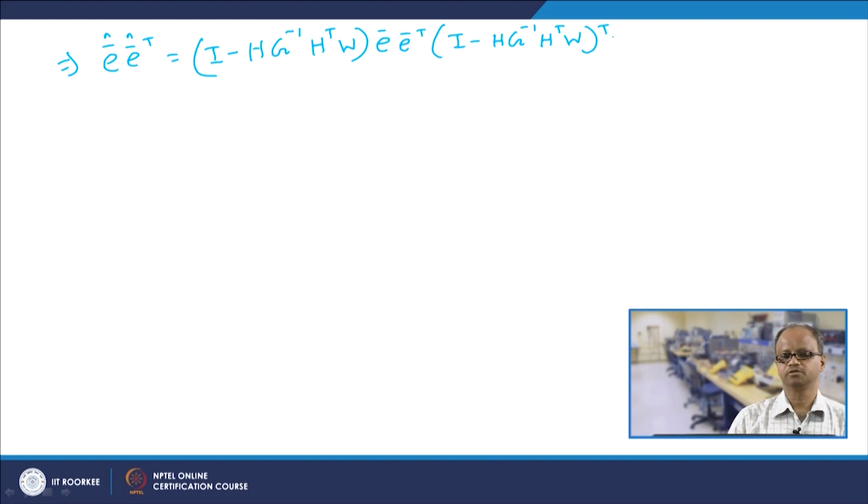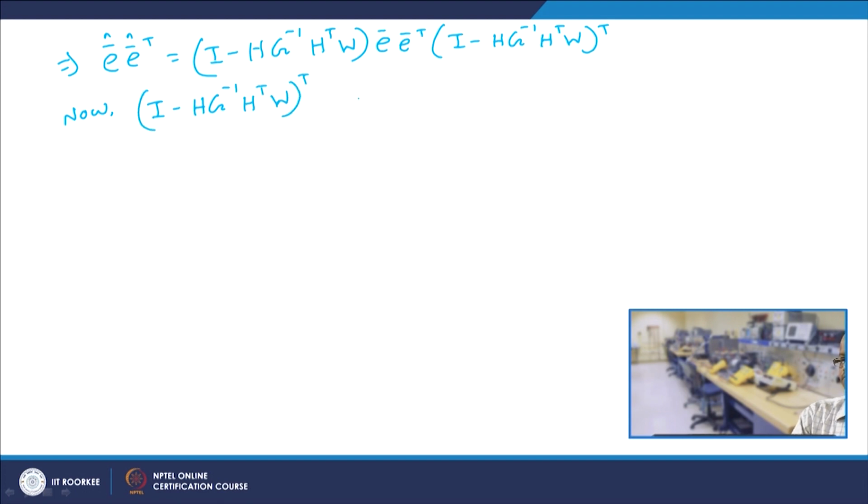Now, this is the expression, and I have to do some simple maths on it. Let us look at what H G inverse H transpose W transpose is. I transpose is I, so I minus H G inverse H transpose W transpose.